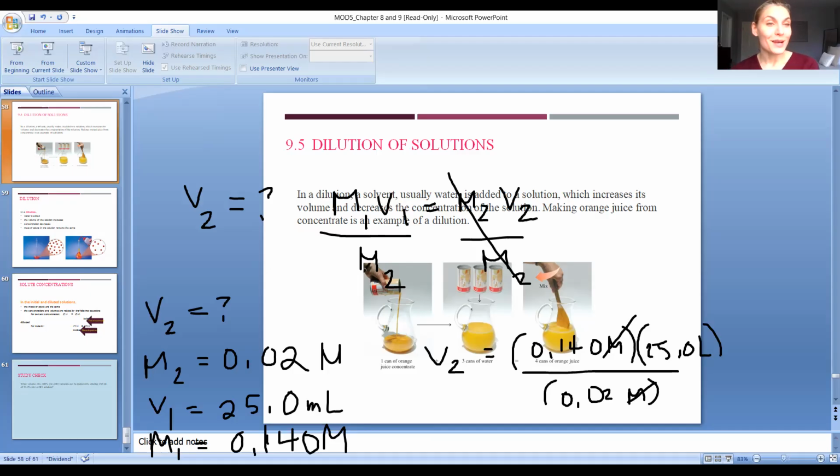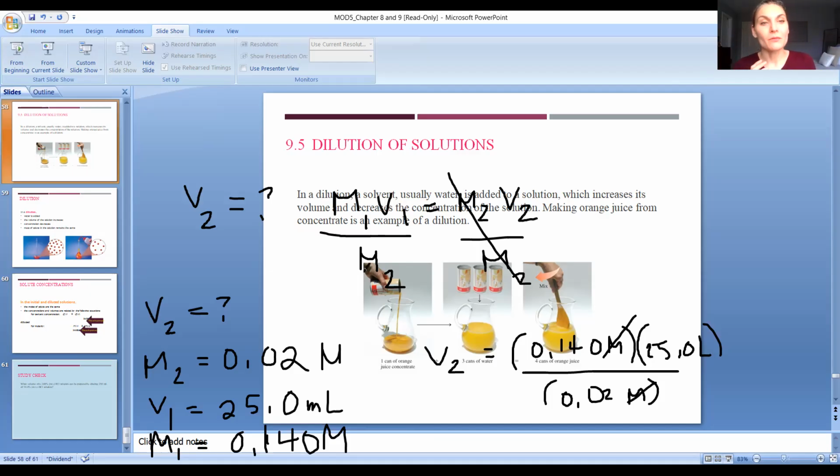We're going to notice that our number is going to increase. Our V2 should go up because we are adding more water. We started with this 14% hydrochloric acid solution, and now we diluted it to 2%. So in order to make that happen, we had to add more water.